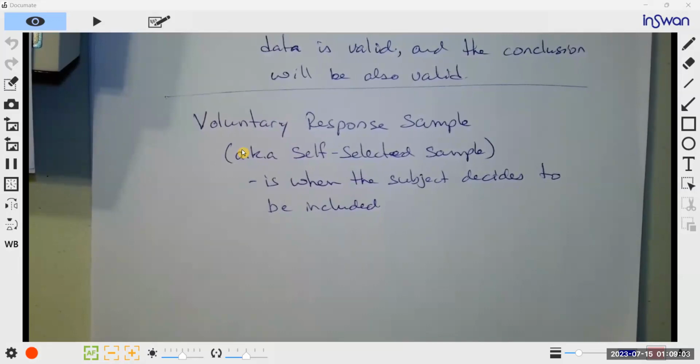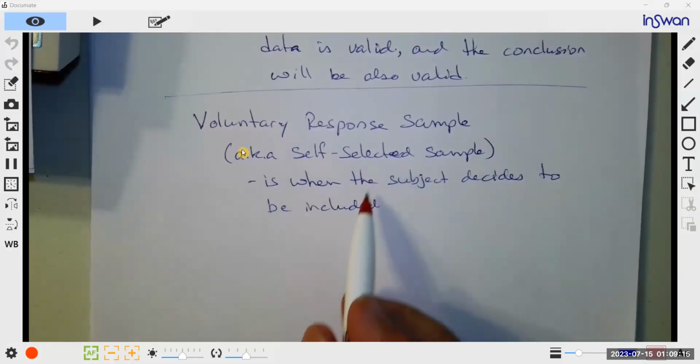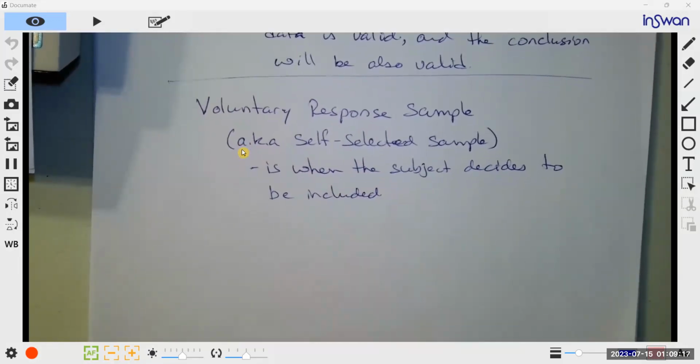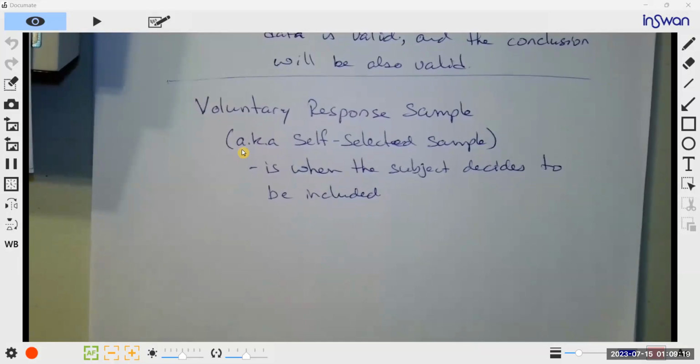In other words, if you're in the mall and you see somebody, hey, if you take this survey, I'll give you this coupon for free ice cream. So in other words, they're bribing you for your answers, which we'll see in the long run. This type of stuff you don't want to do.